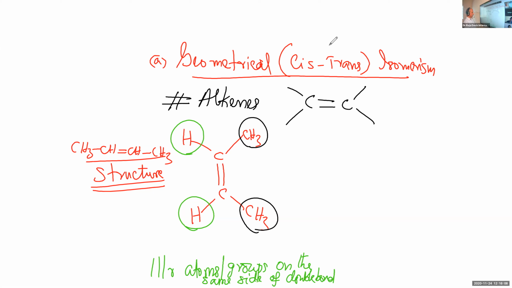So similar atoms or groups are on the same side of the double bond. Remember, you consider a plane perpendicular to the plane of the board. Hydrogen, carbon, CH3, all these groups are lying on the plane of the board, because the doubly bonded carbon atom has sp2 hybridization.